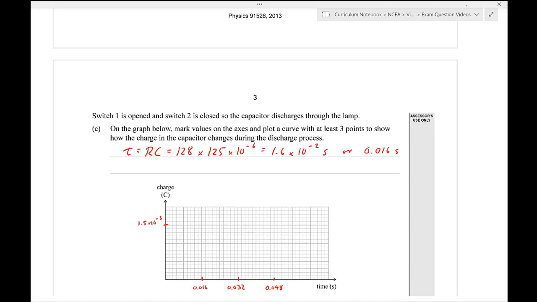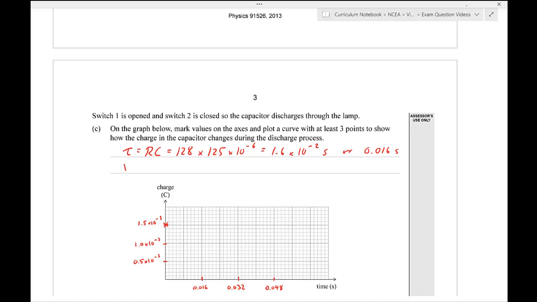Now we need to work out what the charge is going to be at each. So let's put a little point here, because that's the starting point. And this is going to be 1.0 times 10 to the minus 3. This is going to be 0.5 times 10 to the minus 3. And it's discharging.